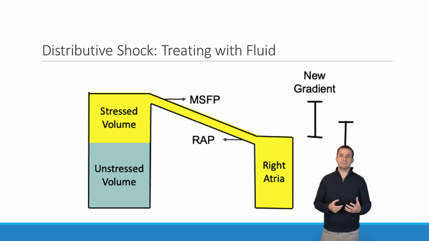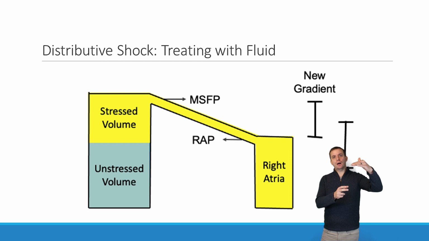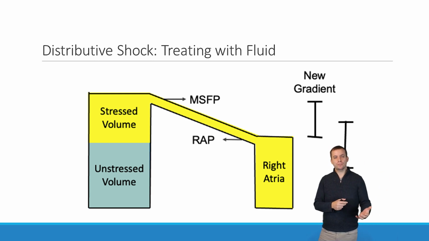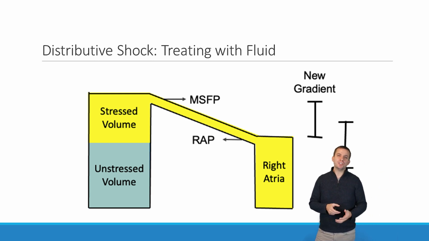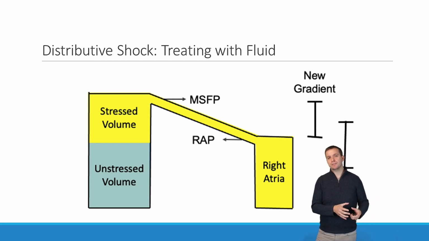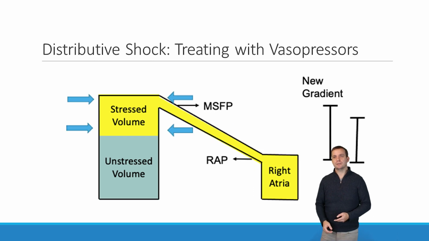You may get some benefits, but what happens is that you increase your stressed volume, but you also increase your right atrial pressure. So you've increased your mean systemic pressure, but you also increased your right atrial pressure. So you don't really change the gradient very much, and you don't get as many benefits as you need. And so if you just keep giving fluid and fluid and fluid, you're not optimizing their preload, because the preload depends on that gradient.